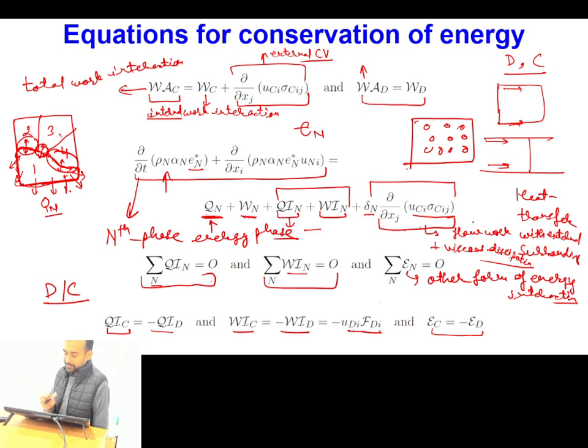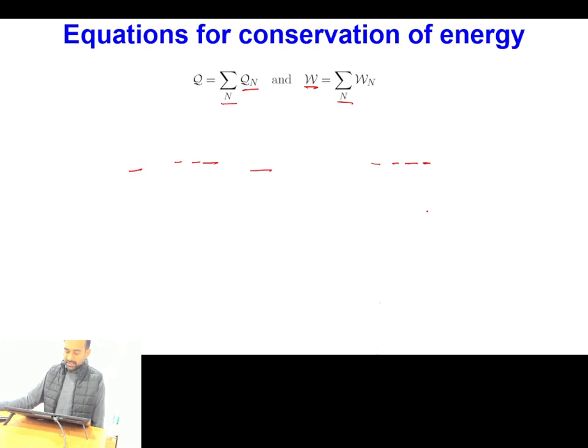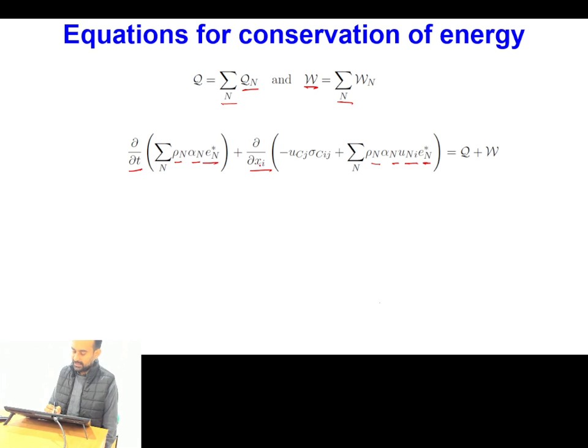So that's why this term will be coming without any summation sign, and this delta n operator will also be removed because now we are considering the continuous phase also when we are doing summation over all the phases. Okay. So now what I can do, on the right hand side, this term is with positive sign. So when I will be bringing it to the left hand side, del by del xi, it can come with the negative sign, minus u cj into sigma cij.